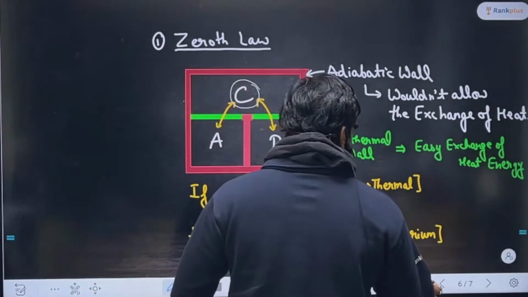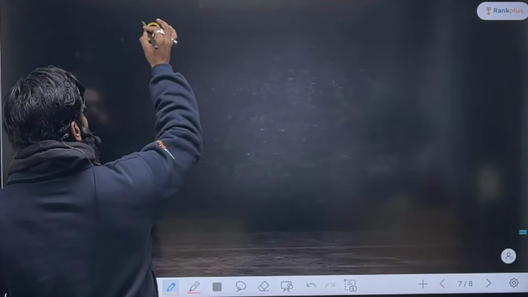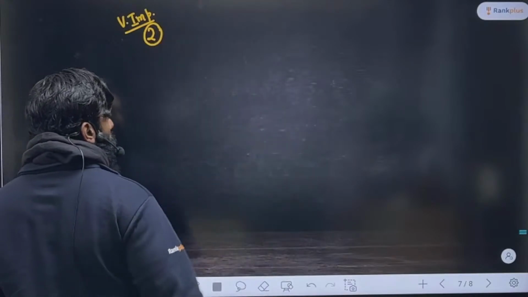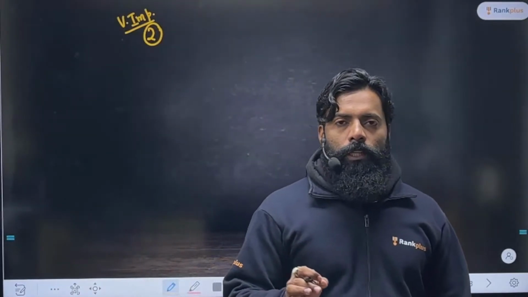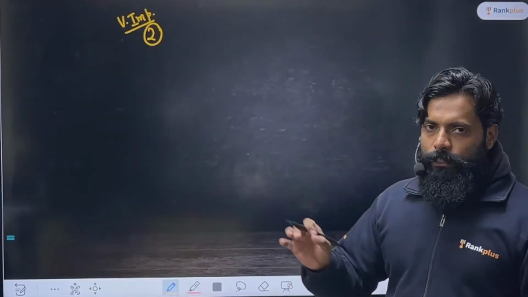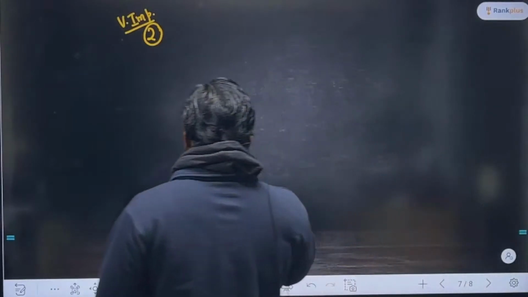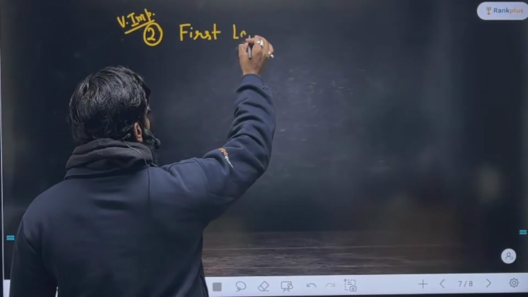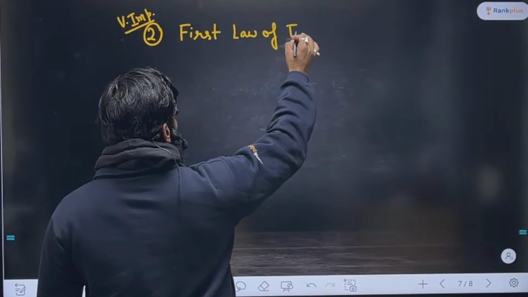Okay, now after that we have the most important law. This is ultimately a law on which multiple questions might come in your JEE exam. So the second thing is the first law of thermodynamics.